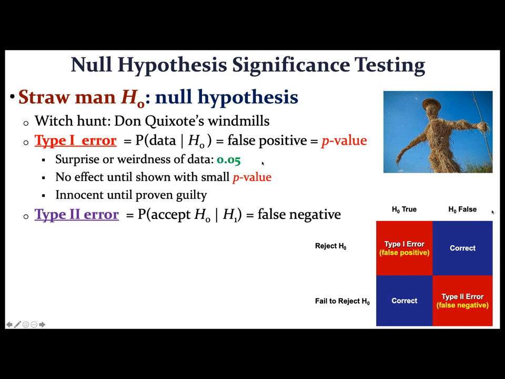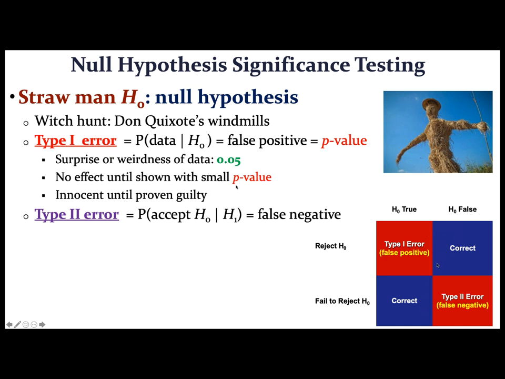Suppose we have this real truth, whether the person on trial is innocent or guilty, or, in our case, whether there's nothing going on in the brain or there's something going on. That's the real truth. Then we make a decision in this direction. So we have these 2x2 scenarios.